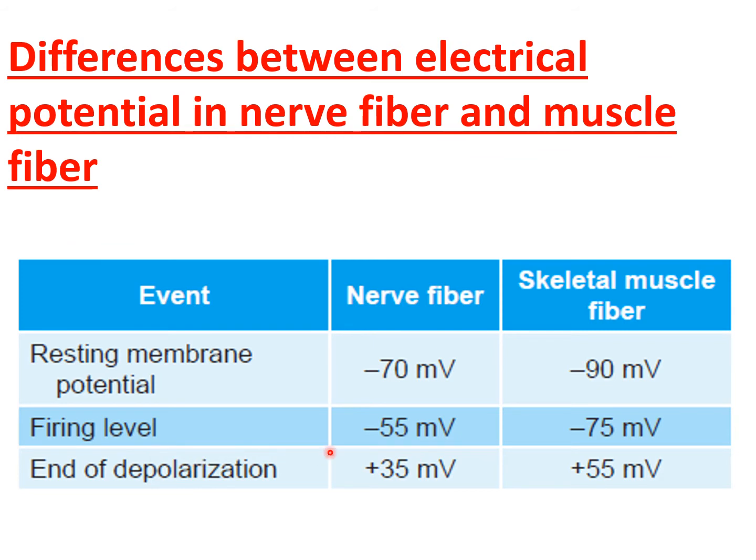Firing level in a nerve fiber is about minus 55 millivolt, and in skeletal muscle fiber about minus 75 millivolt. The end of depolarization in nerve fiber is about plus 35 millivolt, and in skeletal muscle fiber about plus 55 millivolt.